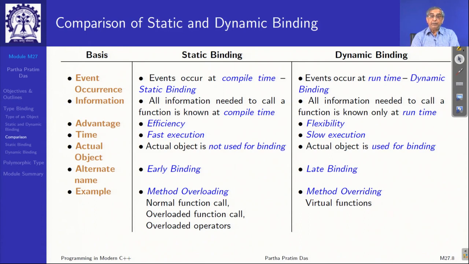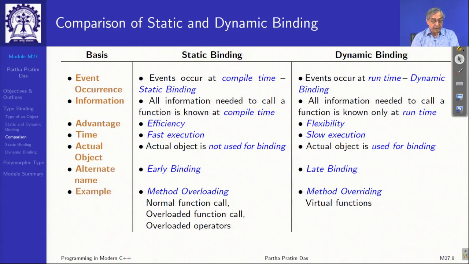As we will see, static binding is efficient for any function call, dynamic binding is flexible, but not as efficient. Naturally, leading from that, static binding has faster execution compared to dynamic binding. In static binding, the actual object is not used for binding, only its type is used, whereas in dynamic binding the actual object is used, because the type of that object at runtime is what decides the binding.